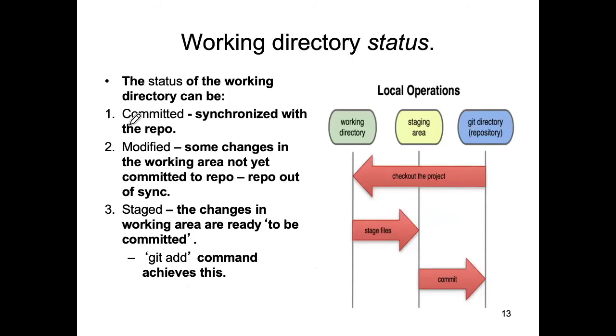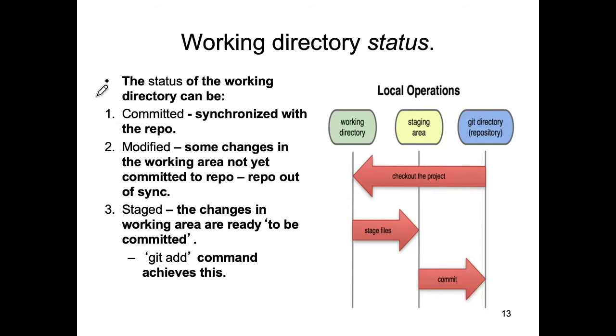Now again, the working directory is where I carry out my edits. And so it means that at any particular point in time, my working directory could be in one of these 3 states vis-a-vis the repository. So the whole idea of version control is that the repository is trying to stay in sync with your working directory as much as possible.